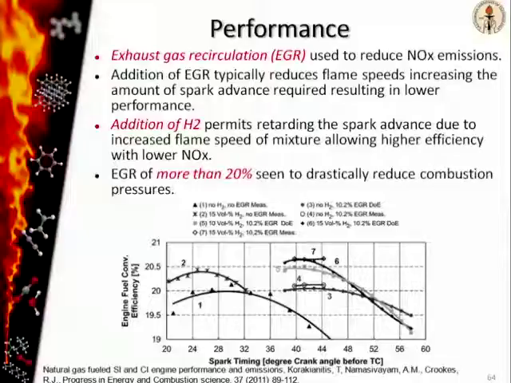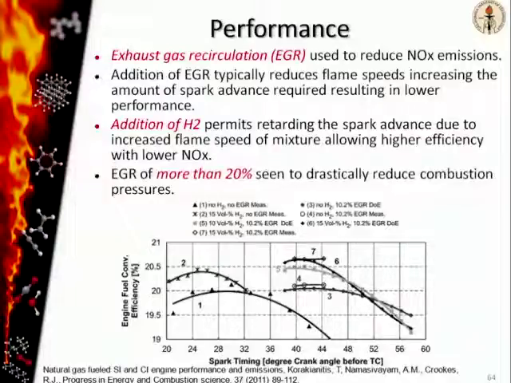The graph here shows the efficiency of the engine, and what you have on the x-axis is spark timing. Let's follow curve 1 here, which is for an engine operating with no hydrogen and no exhaust gas recirculation. This is your baseline configuration.